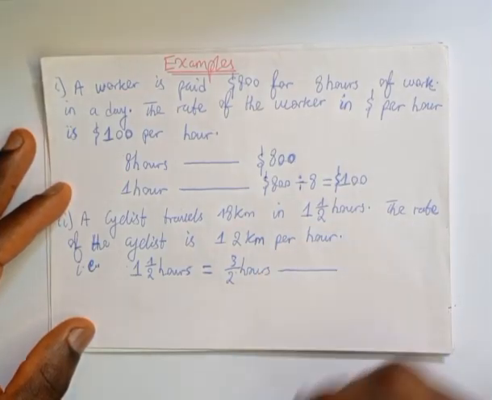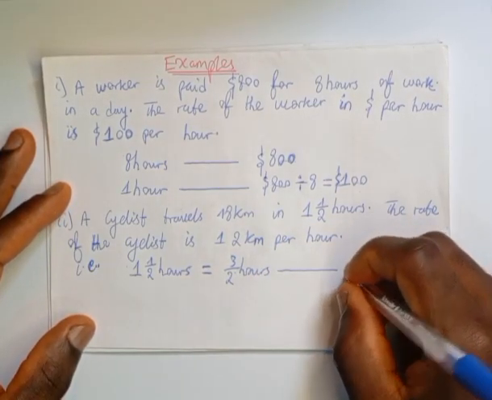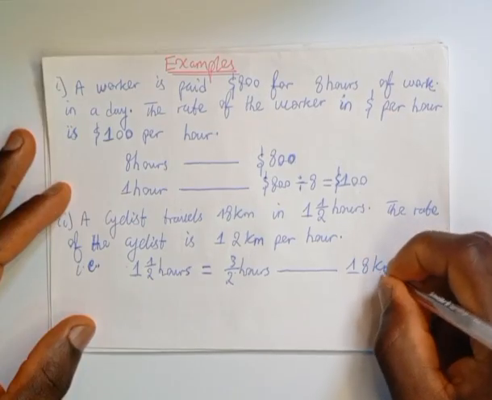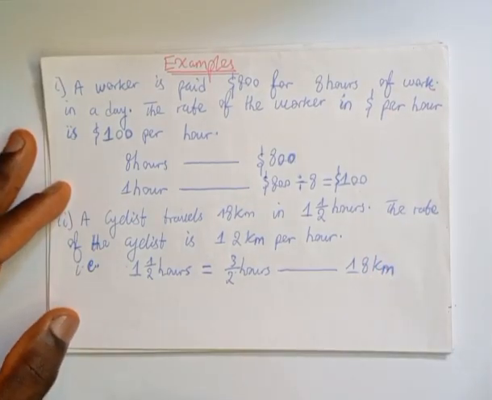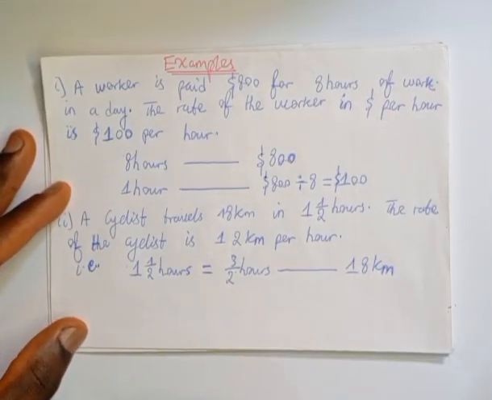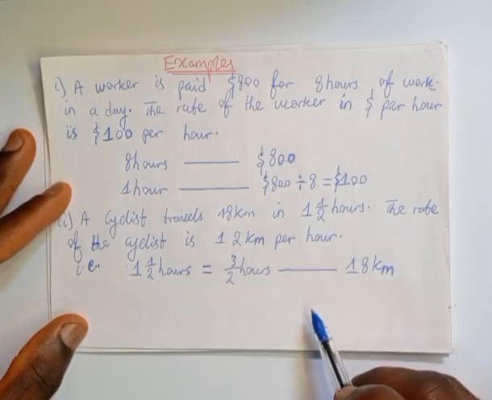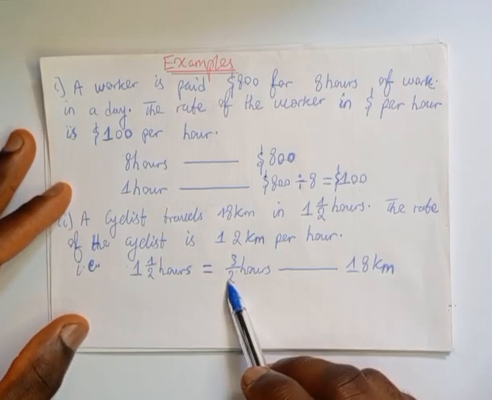The cyclist travels 18 kilometers. Now we need to find the number of kilometers traveled by the cyclist in 1 hour. We divide both sides by 3/2.